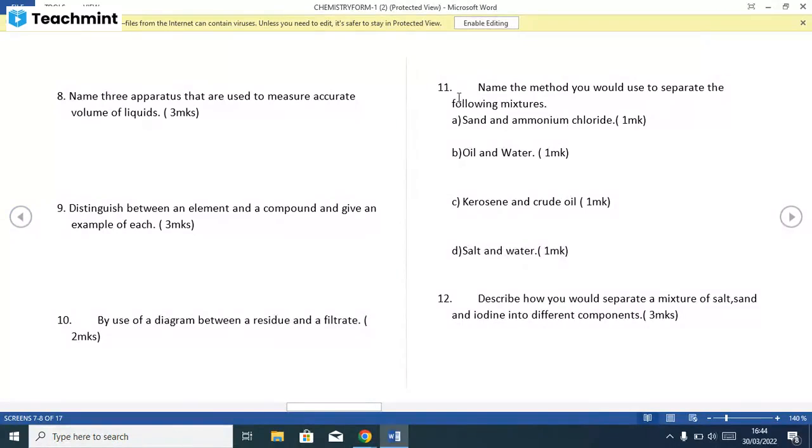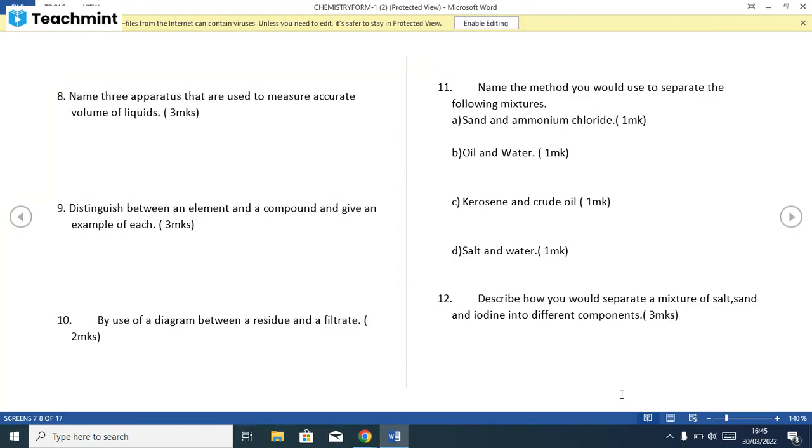Number 11. Name the method you will use to separate the following mixtures. Sand and ammonium chloride. By dissolving.